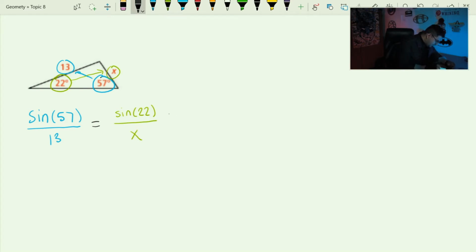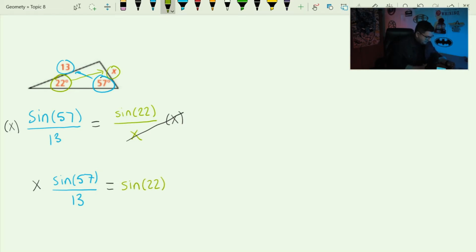We can multiply by X on both sides. They cancel out on the right, and we're left with X times the sine of 57, which didn't change, divided by 13, equals the sine of 22, which also did not change.